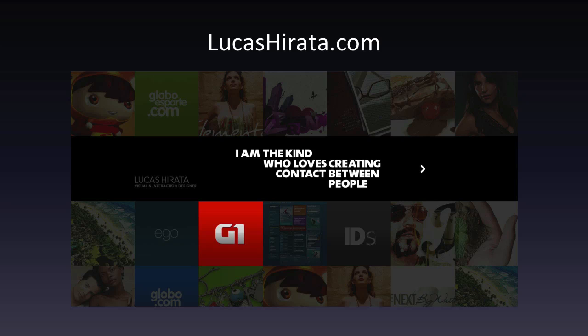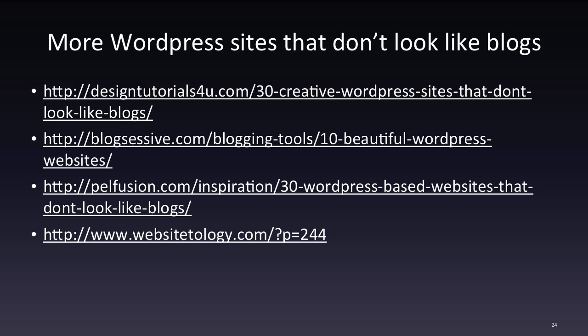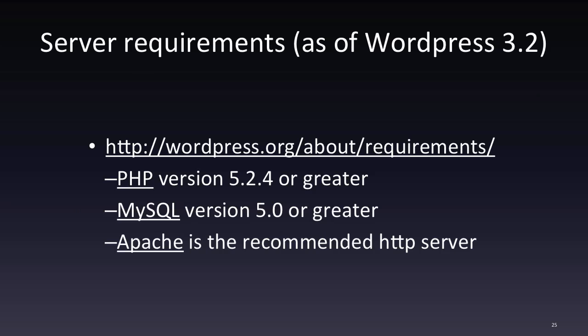Doesn't look like a blog. This, I believe, is someone's portfolio website. Again, not what you would traditionally call a blog-based layout. Okay, and there's some links here to other articles with collations of various WordPress sites that don't look like blogs. But I don't think I need to really harp on that point.